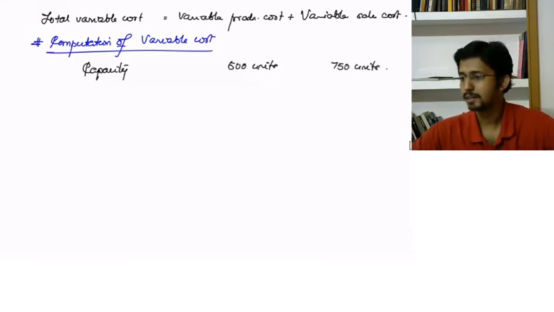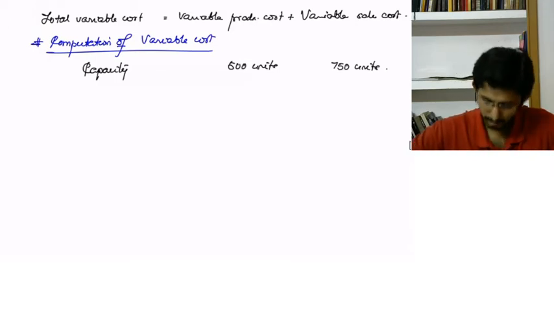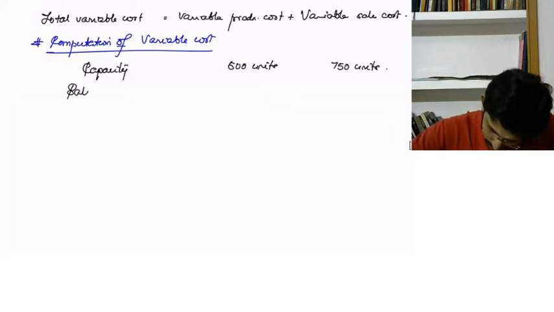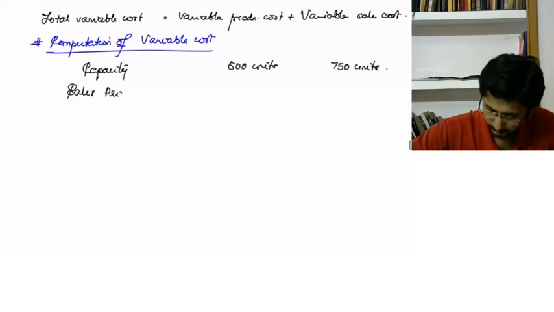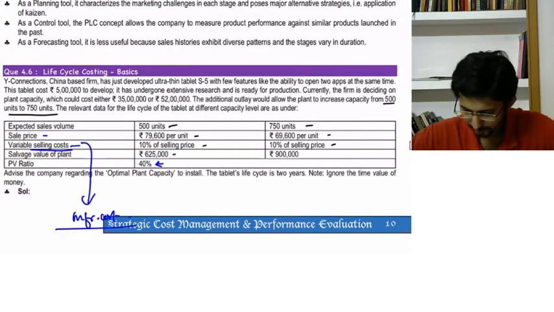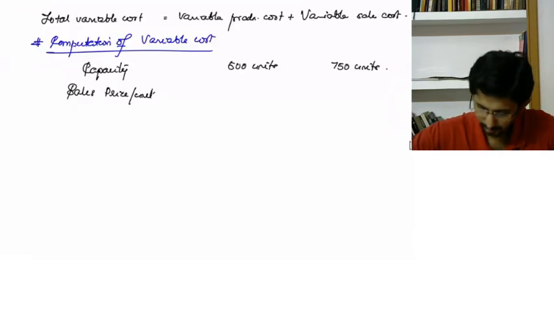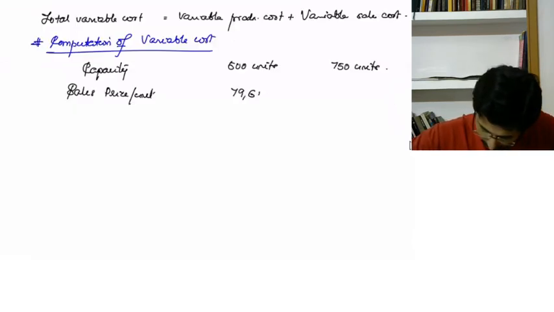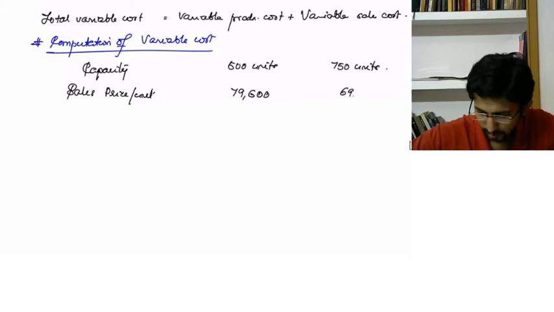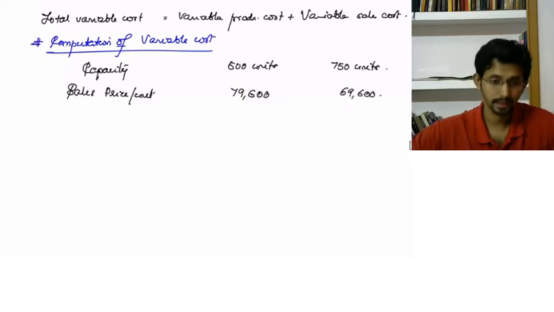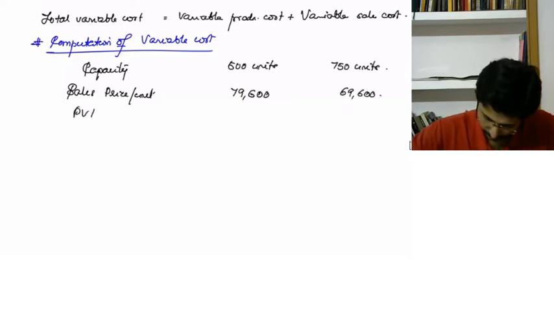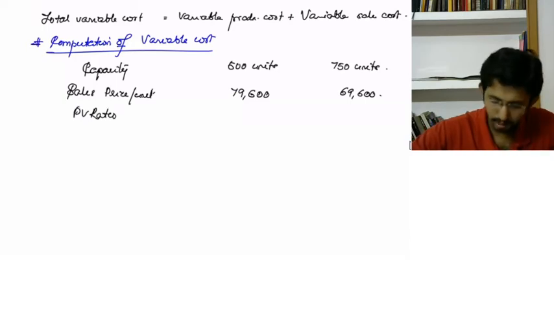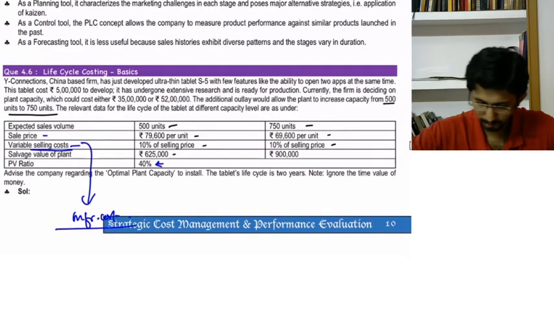Sales price per unit for the first it is 79,600 and for the second 69,600. Then you have the PV ratio. What is the PV ratio? PV ratio is 40%.